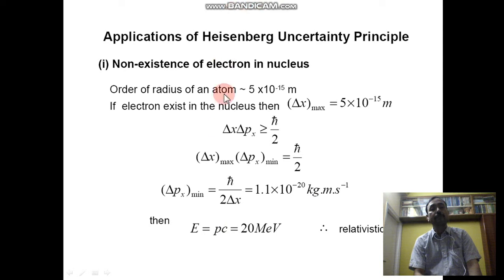Then after calculating the energy, E is equal to Δp into c. We are writing here pc. This is equal to 20 MeV.